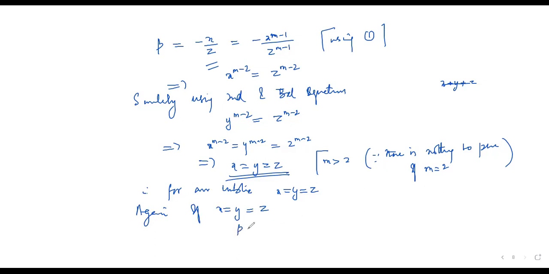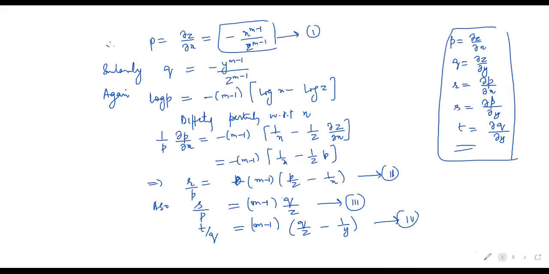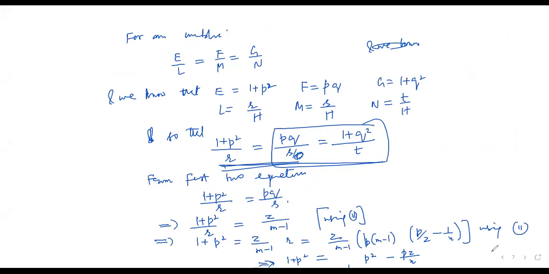I would get p is equal to 1, q is equal to 1, and where do I get it from? Yes, it has come from the first equations we gave. If x, y and z are the same, then this will actually be -1. If x is 1, z is 1, then p would be equal to, where 1 raised to anything is 1, so I think they will be -1.